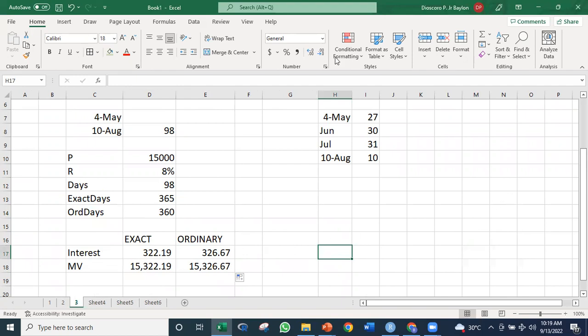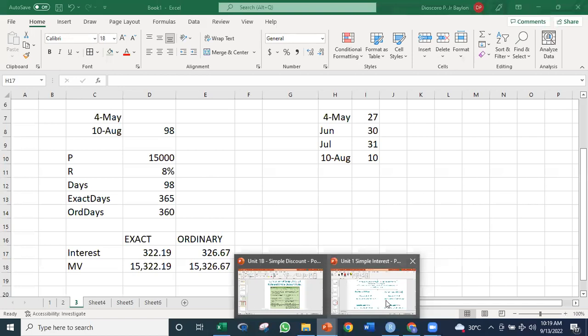Any clarifications? Okay, once again, please bear with me if I always keep on asking, is it clear? So feedback, please, if clear so far, on your example on exact and ordinary interest. Okay, good. Thank you.